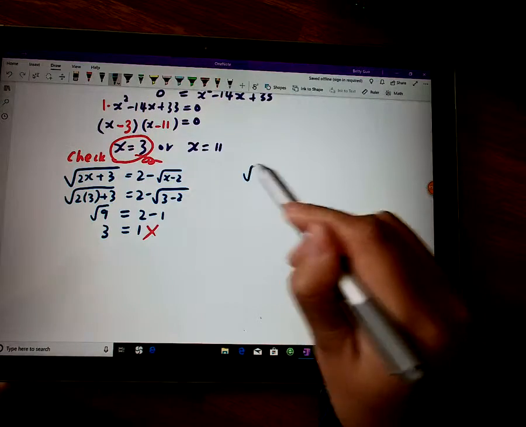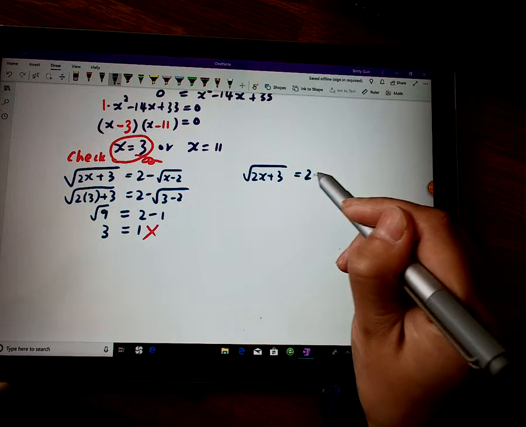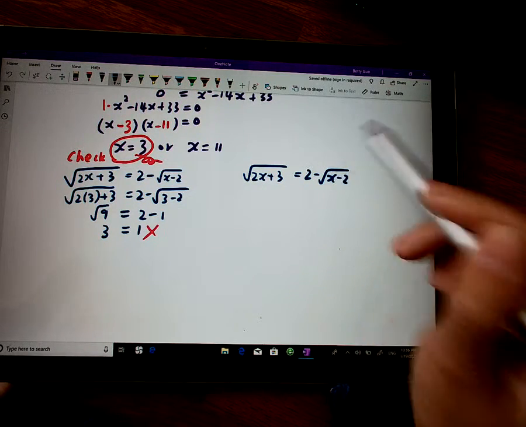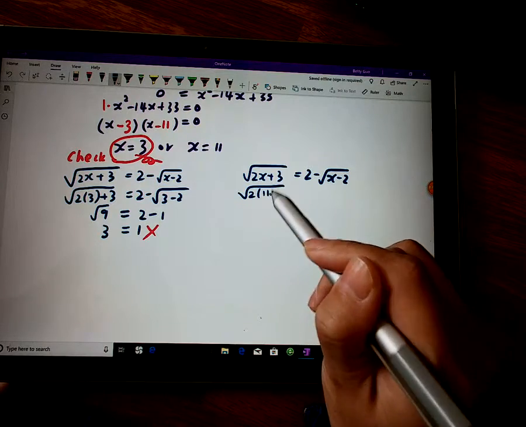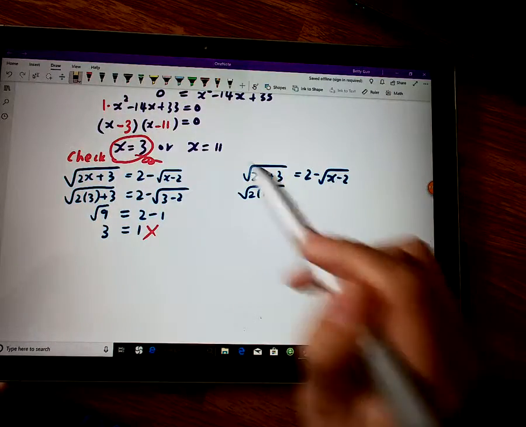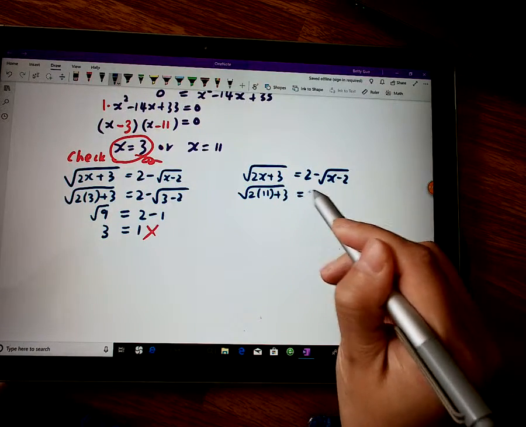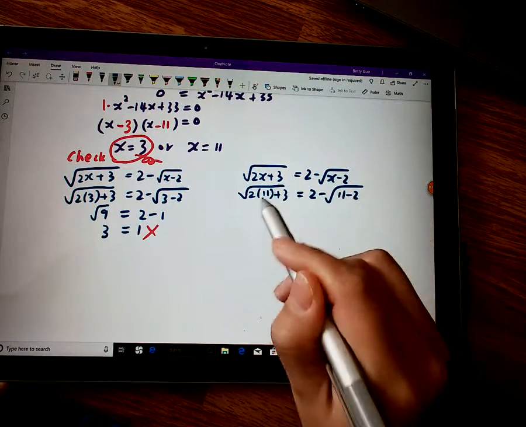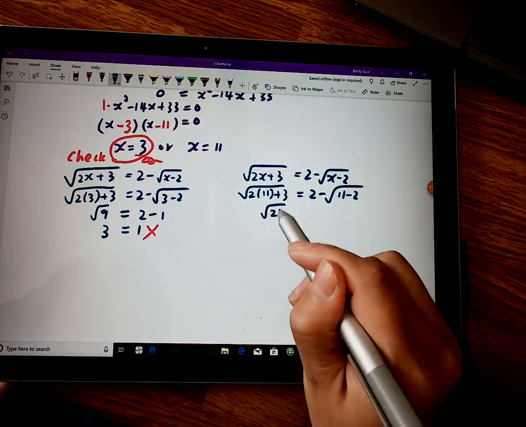What about the other one? Let's check the other one. Square root of 2x plus 3 equals 2 minus square root of x minus 2. Plug in x equals 11. Two times 11, 22. 22 plus 3, 25.